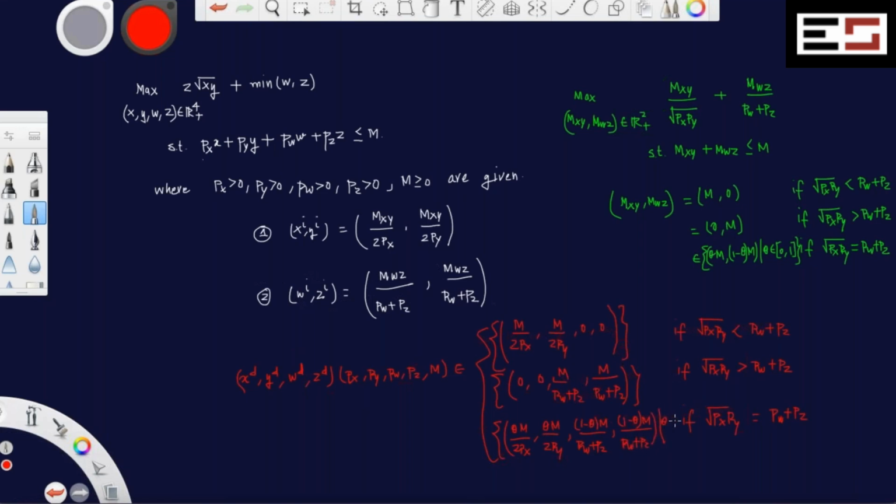Okay, where theta is from 0 to 1, closed interval, and that's it. This is the demand. Is that clear?